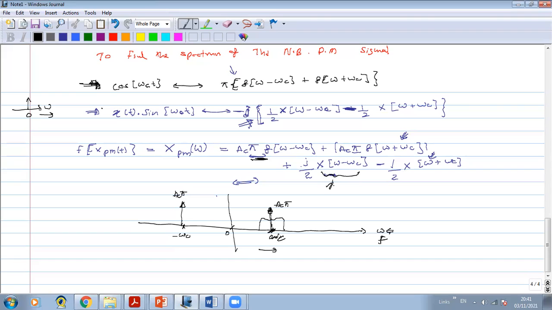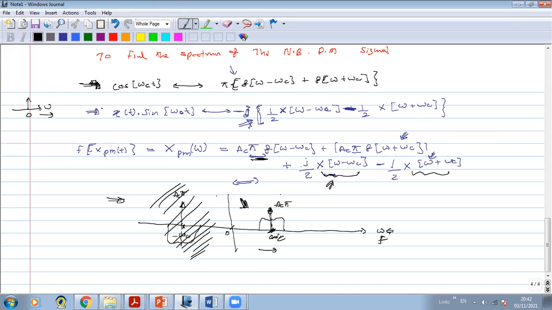For this term, still we don't know. And for this kind of signal, it is shifted to here, but it is minus, so you will get it like this. So this is the complete spectrum, but this term we can't see using a spectrum analyzer. We can only see this. So in many cases we only consider this spectrum.